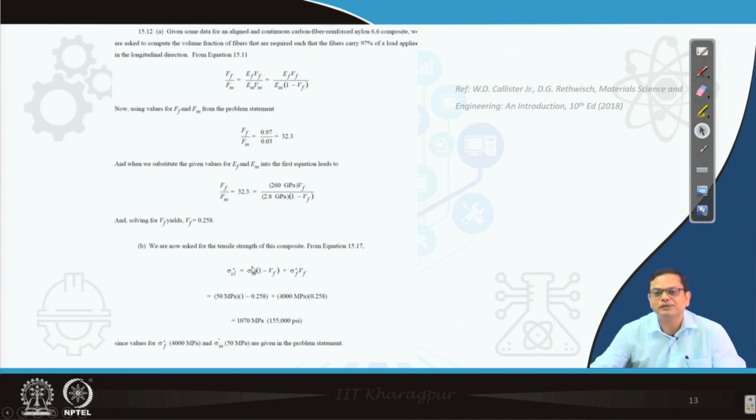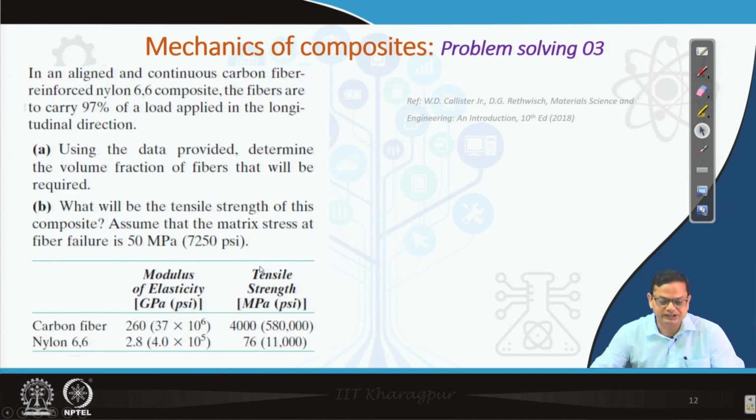Why? Because at the failure of the fiber, the matrix would not be experiencing its ultimate stress, it will be experiencing a stress lower than its ultimate stress, which is sigma m dashed. If you remember those plots which I have done a few times earlier, it will be sigma m dashed multiplied by 1 minus Vf, and the value of sigma m dashed has been given. It says to assume that the matrix stress at fiber failure is 50 MPa.